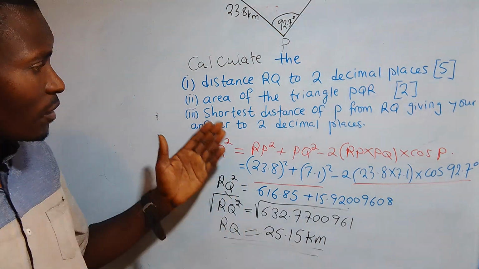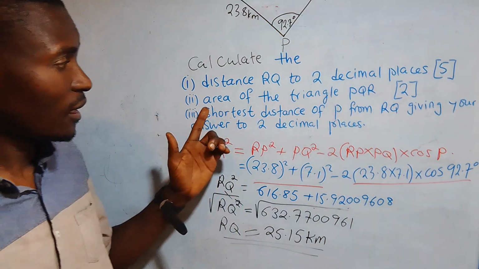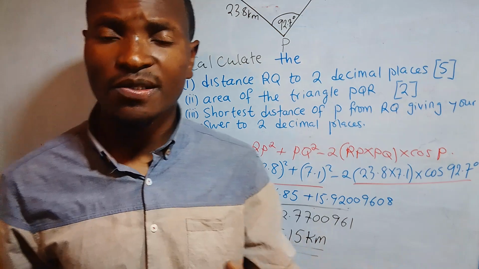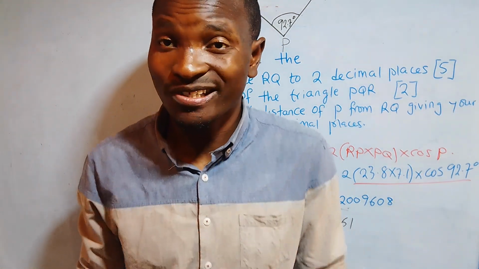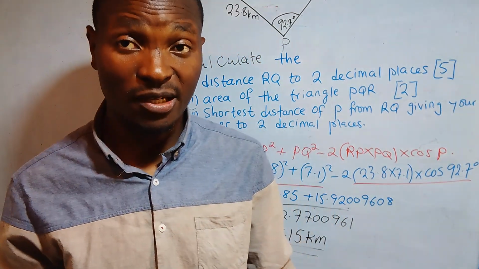Okay, so we have now, they're saying calculate the area of the triangle. So how do you calculate the area of the triangle? So this is very simple. Just stick around and pay attention.